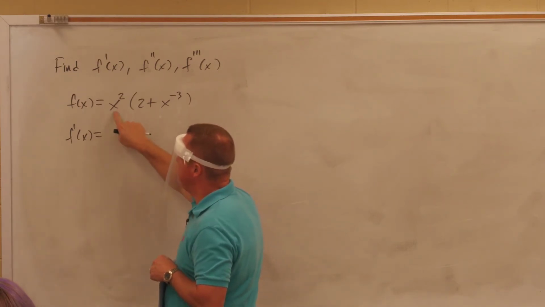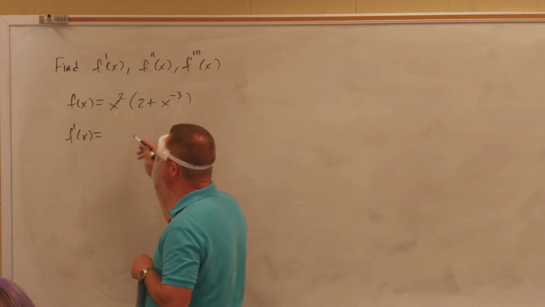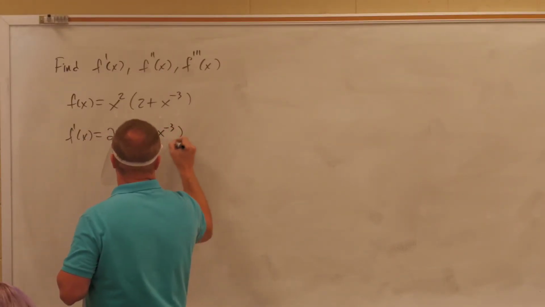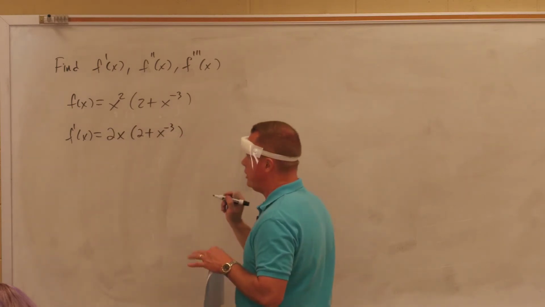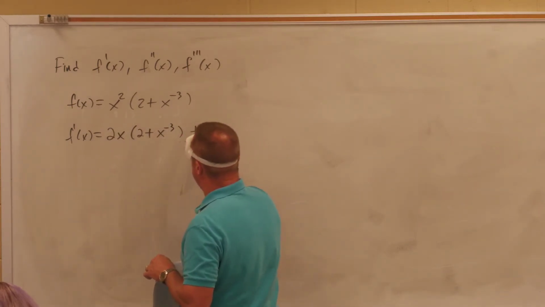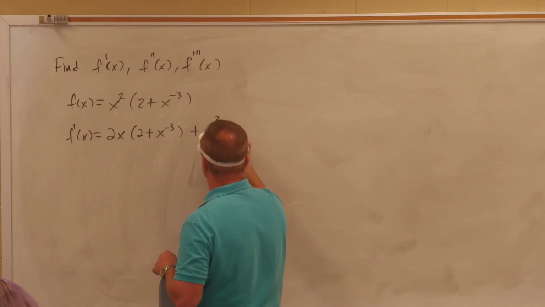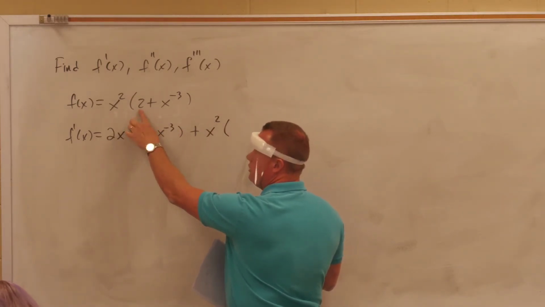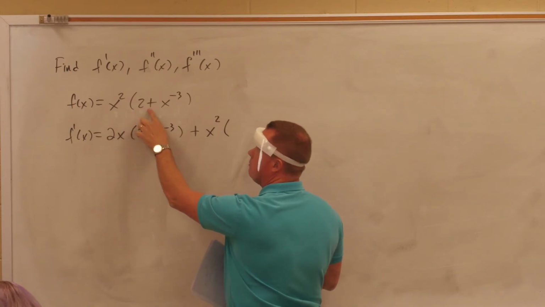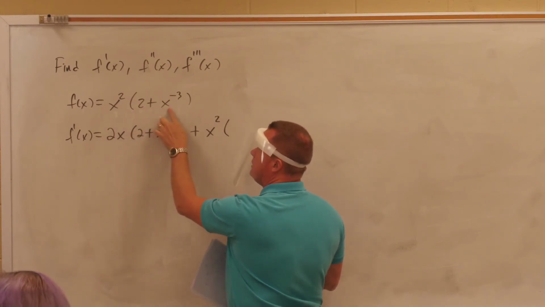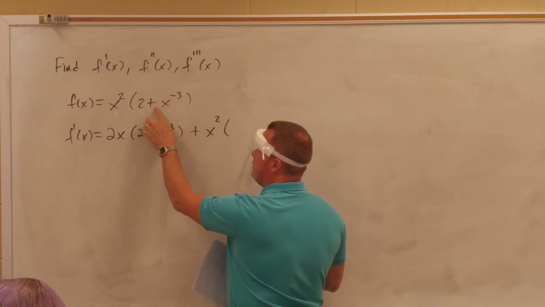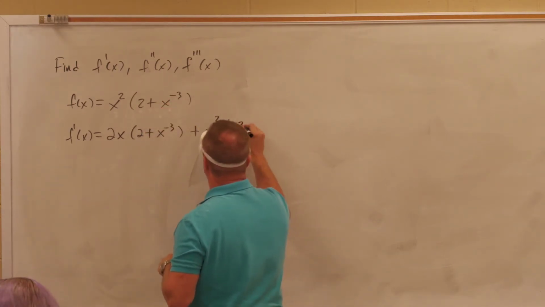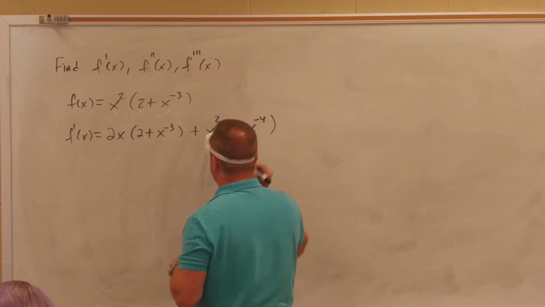I'm going to do the derivative of the first times the second, so that'll be 2x times 2 plus x to the negative 3, plus the first times the derivative of the second. The derivative of 2 is 0, plus the derivative of x to the negative third, you multiply by negative 3 and subtract 1 from the exponent. So that would be negative 3x to the negative 4.